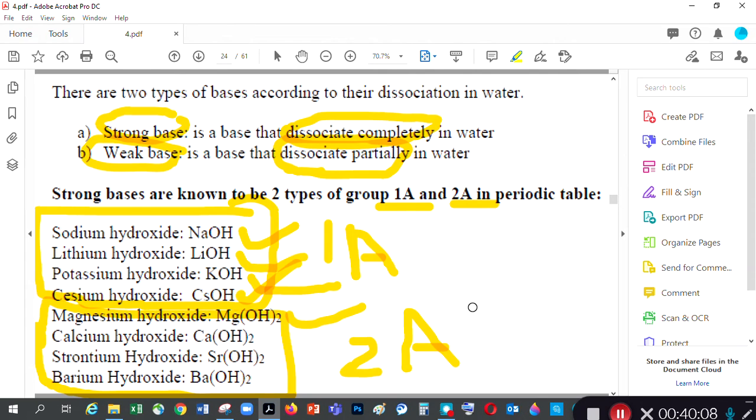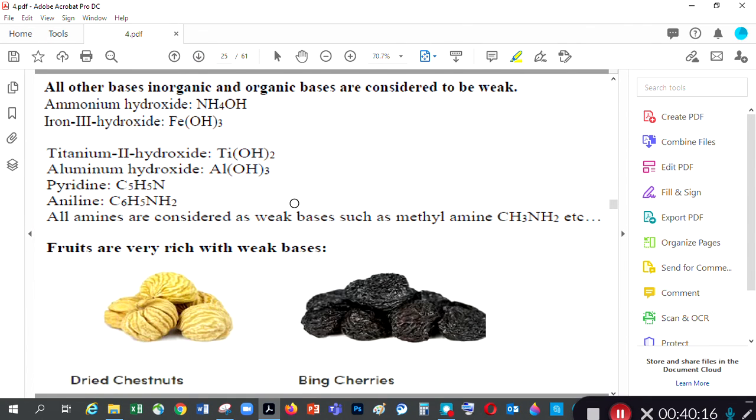All other bases found in nature, except those, are considered to be weak. They don't dissociate 100%. They are partially dissociating to a certain limit. And all other inorganic and organic bases are considered weak.